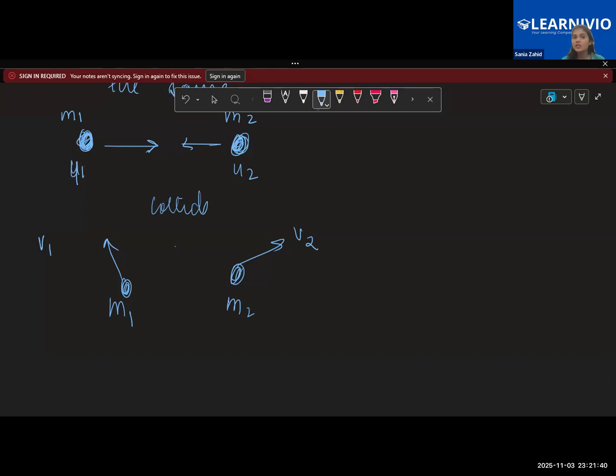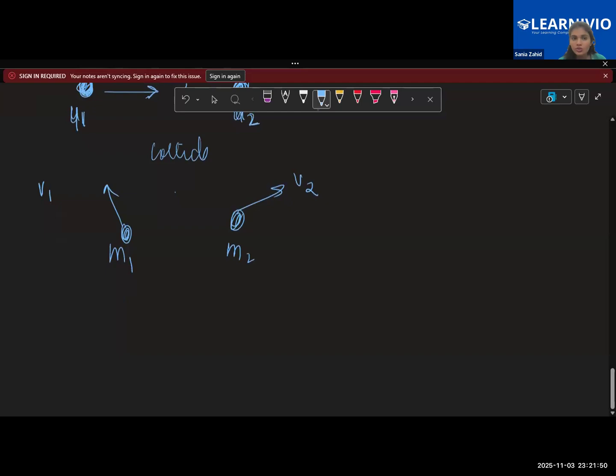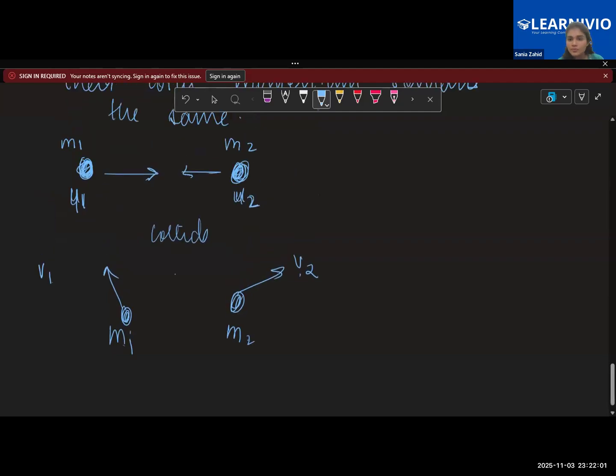This is the initial velocity with which it was moving, and this is the initial velocity of the m2 object. They collided. Once they collided, they are now moving in different directions, right? So this is m1, this is m2, this is v1, this is v2. v1 is the final velocity of the first object, v2 is the final velocity of the second object. Do you understand this?